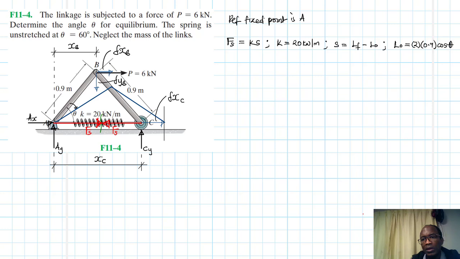We know theta is 60 degrees, and cos 60 degrees is 0.5, so L naught is 0.9 meters. That is the original length.